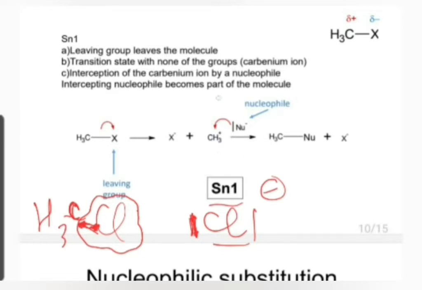So this carbenium is not stable, and the carbenium will look for a new nucleophile to react with, and in this case the nucleophile is the OH minus. So it has an excess electron on the O instead of being like a normal OH. It has one electron more, and this is why it's an OH minus.